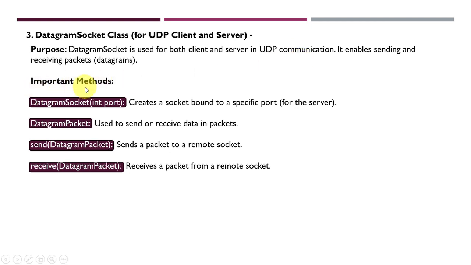Important methods used in the DatagramSocket class. DatagramSocket takes a port variable; it creates a socket bound to a specific port. DatagramPacket is used to send or receive data in packets. send sends a datagram packet to the remote socket. receive receives a datagram packet from a remote socket.